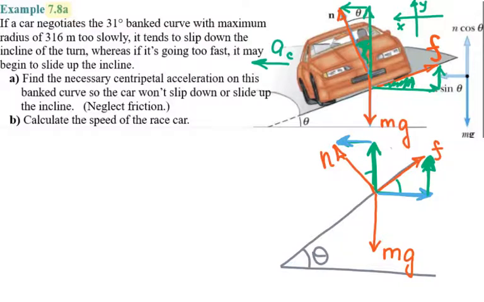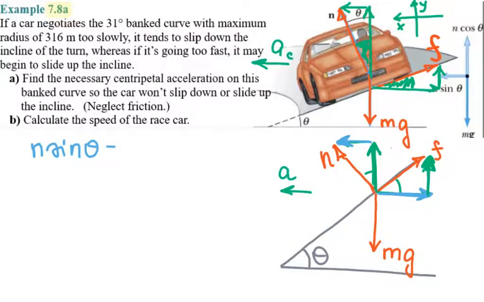So now we're going to use an acceleration in this direction. Now we're going to look at Newton's second law, F net is equal to ma. So for the horizontal forces, I'm going to choose the positive direction as the direction of the acceleration. So for the normal force, the horizontal blue one, I have positive n sine theta.